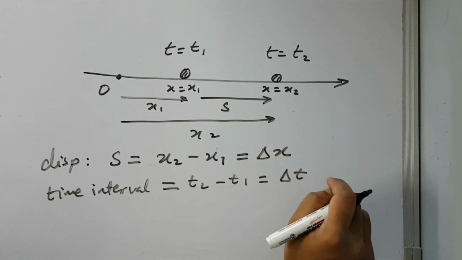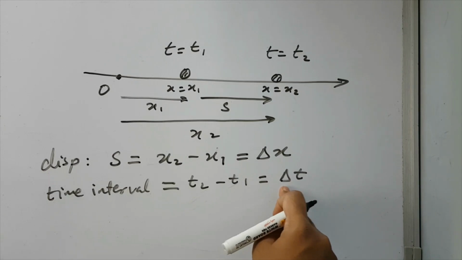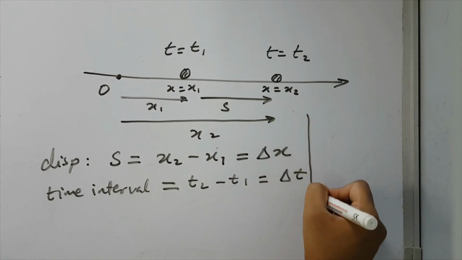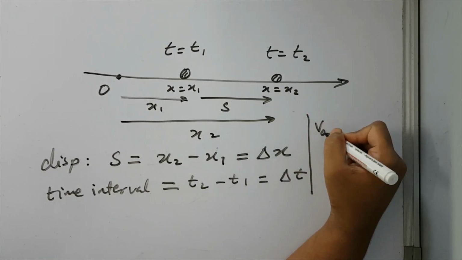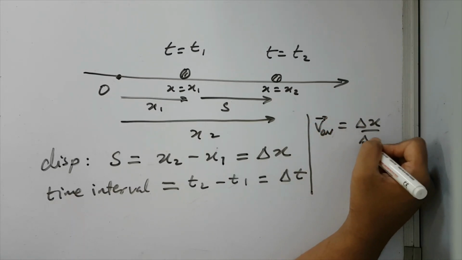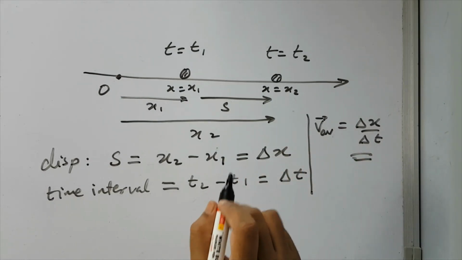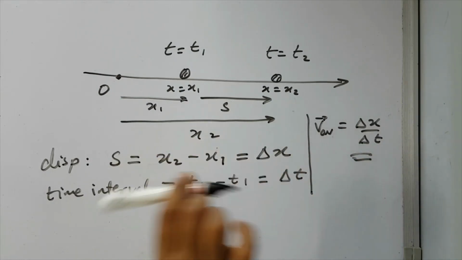So the displacement is delta x and the time interval is delta t. So by definition, what would be the average velocity? The average velocity would be delta x by delta t. That is the definition of average velocity. Hope you have understood this concept.